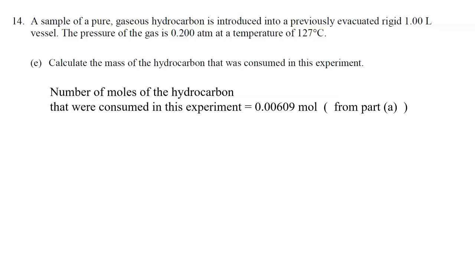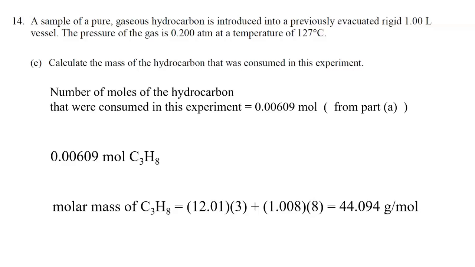We know that the identity of the hydrocarbon is C3H8. And on the periodic table, we can figure out the molar mass of C3H8 and now convert moles into grams. So the molar mass of C3H8 is 44.094 grams per mole. We can set up a conversion factor to go from moles to grams.